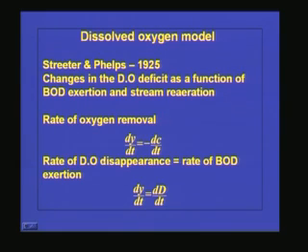The rate of DO disappearance is equal to the rate of BOD exertion, because BOD is nothing but biochemical oxygen demand. As the BOD exertion increases, the rate of DO disappearance also increases. That is what is written here, dy by dt, where y is the BOD exertion. So the rate of change of BOD exertion is proportional to the rate of change of DO disappearance, dD by dt.